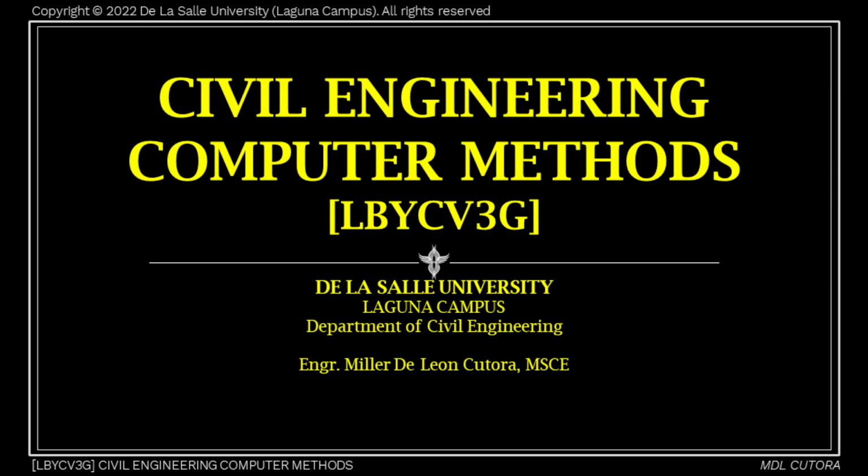EPSG 32651 makes use of the Universal Transverse Mercator, or the UTM, as the projection, with WGS 84, the World Geodetic System of 1984, as its base reference, or the reference datum. You may also access all other EPSG codes using spatialreference.org.